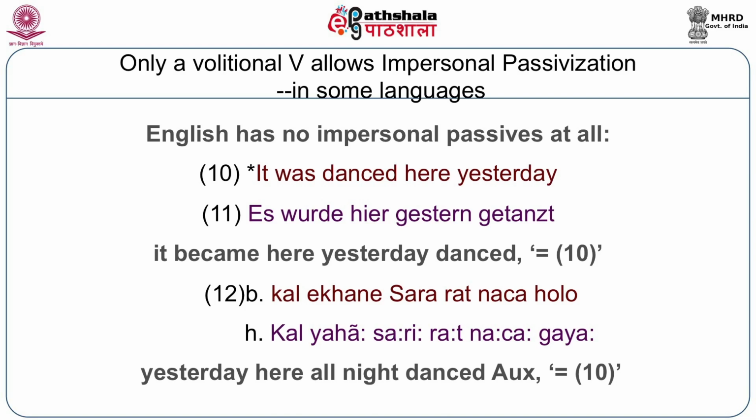Now we are not introducing impersonal passives just for the heck of it and just to give you more data. There is a connection with what we have been discussing in this module.